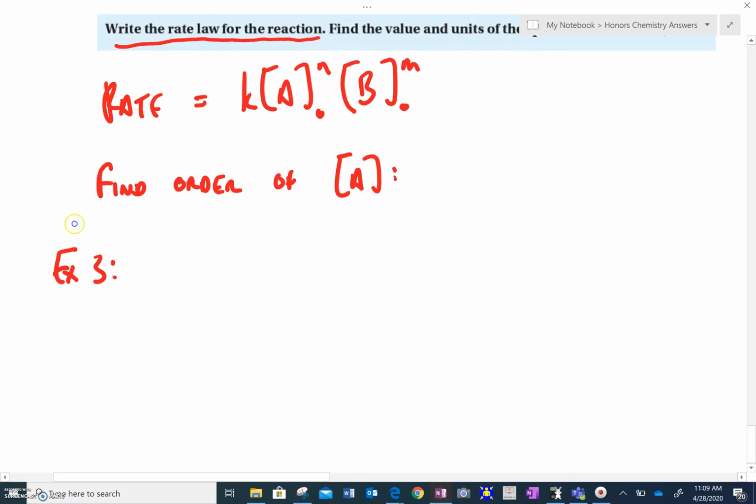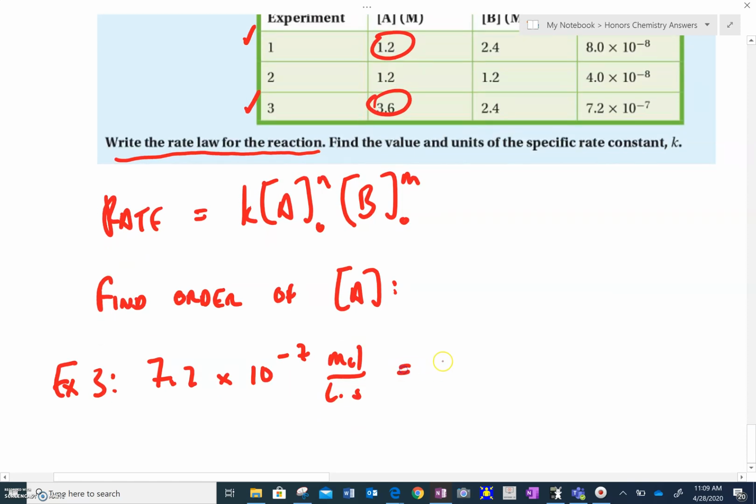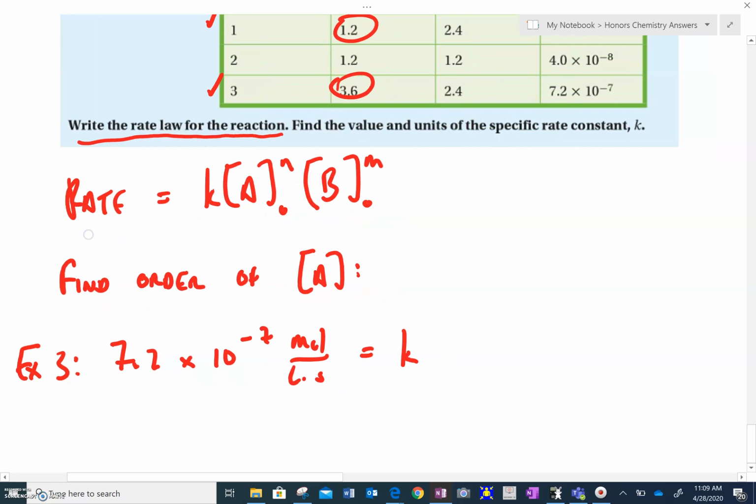We know that it has a rate, experiment 3, of 7.2 times 10 to the minus 7th moles per liter per second. This is equal to some rate constant that we don't know. We know that the concentration of A in experiment 3 was 3.6 moles per liter, raised to some exponent that we don't know.